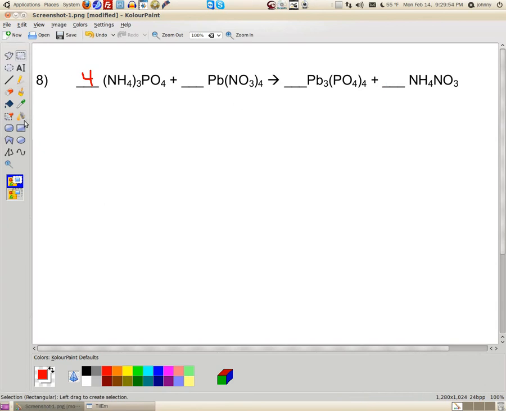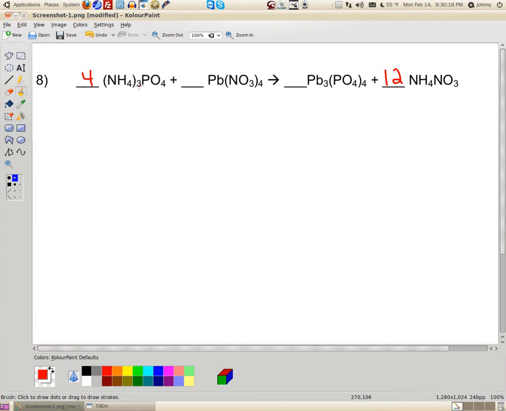Alright, now we said that should be 12 because remember, in balancing chemical equations it's trial and error. So let's see if this is now balanced. Here I have 4 times 3 is 12 NH4s. Here I have 12 NH4s. Now here I have 4 PO4s, and over here I now have 4 PO4s.